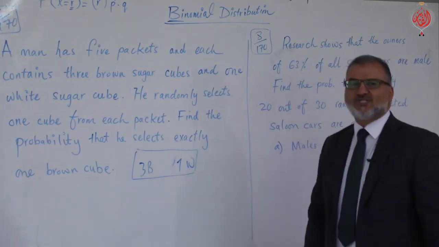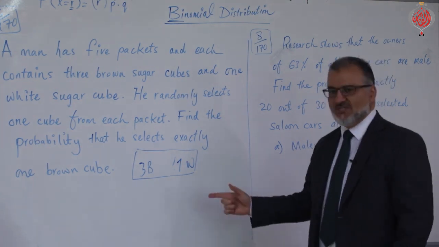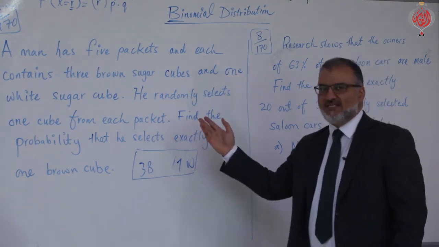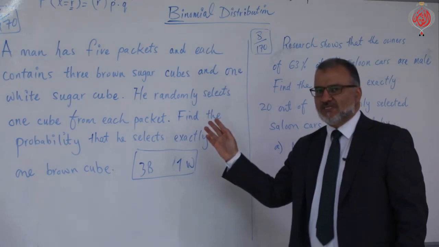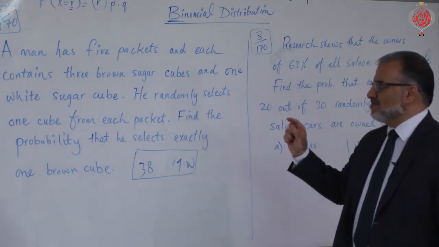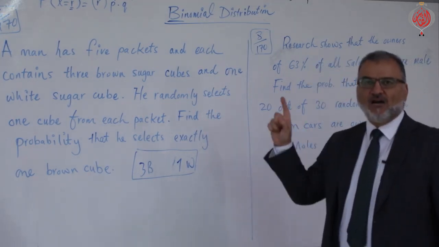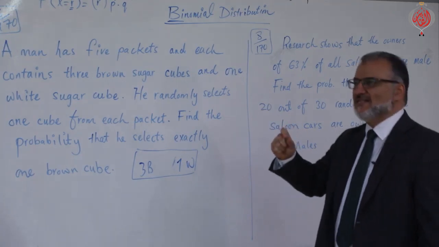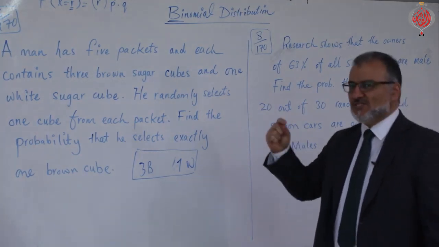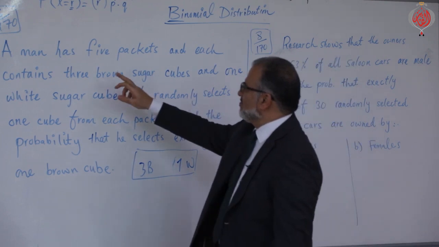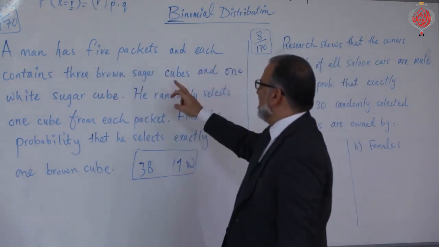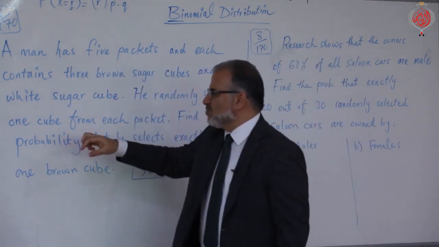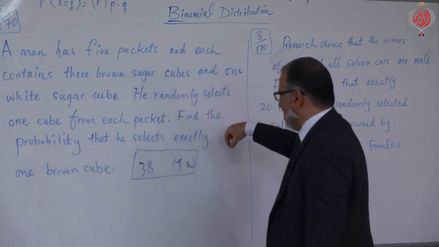So let's ask ourselves now, are the conditions satisfied in this experiment? First of all, how many times are we doing that experiment or trial? Here we have 5 packets, and we are asked to select 1 cube from each packet.